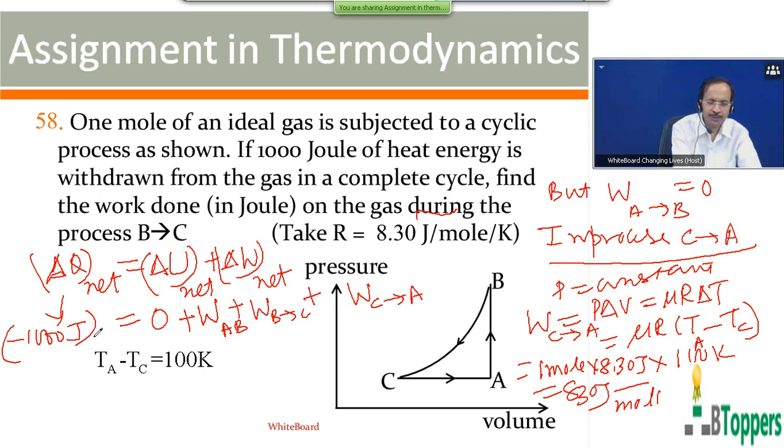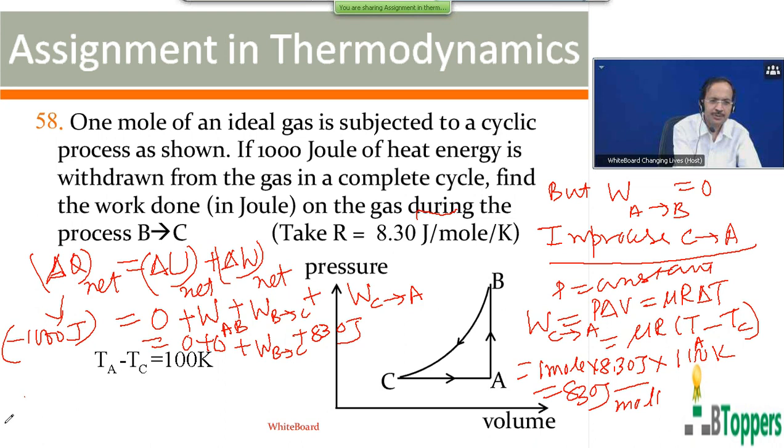Net amount of heat energy absorbed by the gas during the cycle is minus 1000 joules. That is equal to the net work done by the gas during the cycle. Work done by the gas in the process A to B is 0 on the right side. Work done by the gas in the process B to C we have to find out. Work done by the gas in the process C to A is 830 joules.